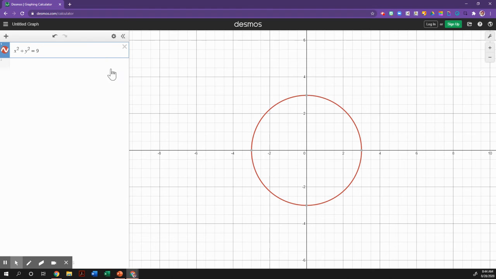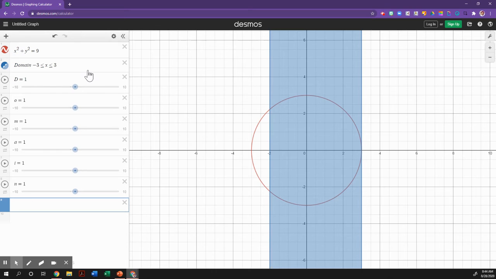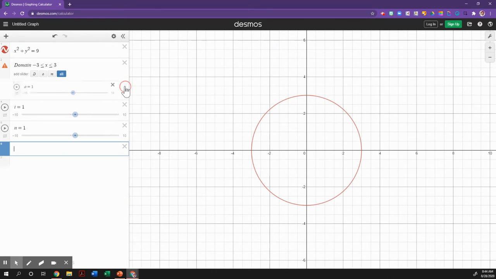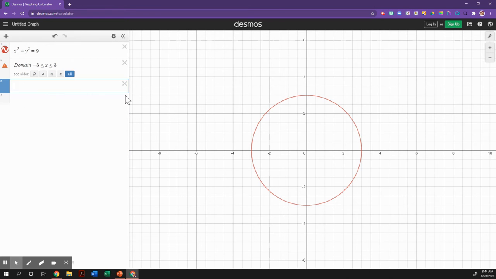I can actually type that in here, and it doesn't do anything in Desmos, but my domain would be -3 less than or equal to x less than or equal to 3. And don't worry about all this stuff. Desmos just popped up because I'm using Desmos to show you.